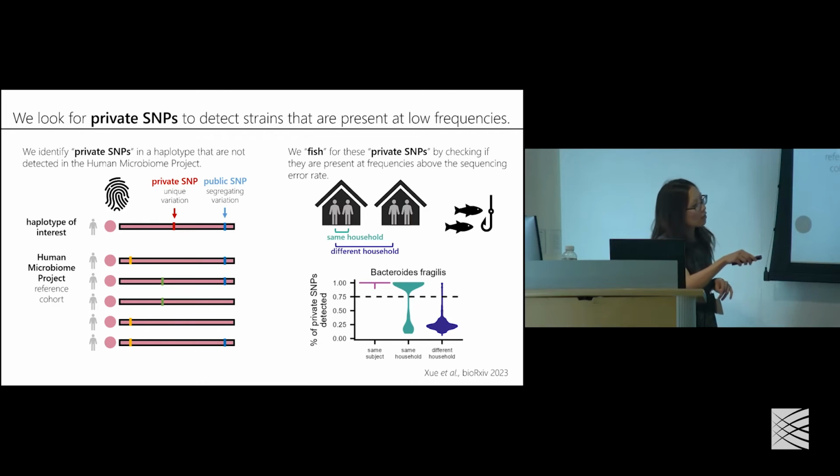And so as this same subject distribution alludes to, people do tend to carry the same strains over time. So if we were to look at samples collected from a household pair this year and next year, it tends to be the case that they remain in this part of the distribution or they remain in this part of the distribution. In terms of strain swaps, we do see those as well. I'll allude to that briefly, but those are relatively rare events. But that is exactly what I'll be talking about later.